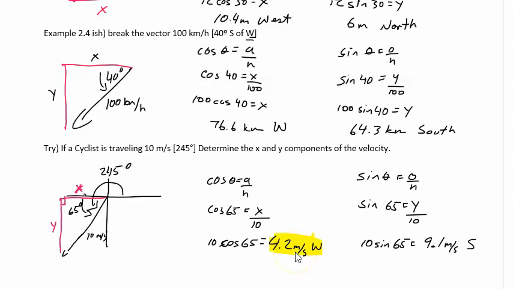Okay, you should have found that west component of 4.2 meters per second, and that south component being 9.1 meters per second. Now, one of the things you may or may not have noticed is that because I always used my main reference as being the x direction, cosine wound up finding the x, and sine always found the y.